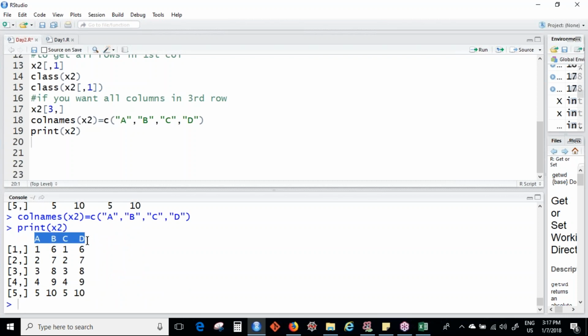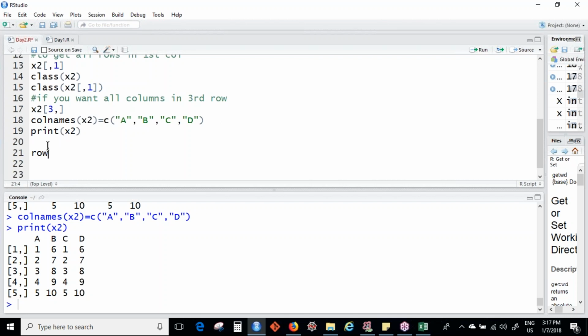So now I have column names. I have used a function called colnames, which is used to give column names to a matrix or to a data frame, which we will see later. Now if you print, this is how it will look.